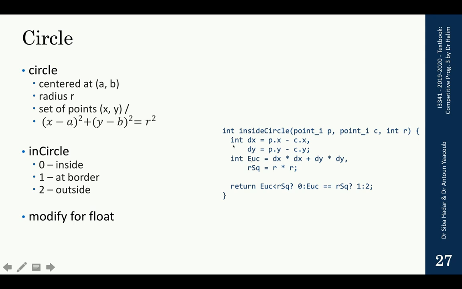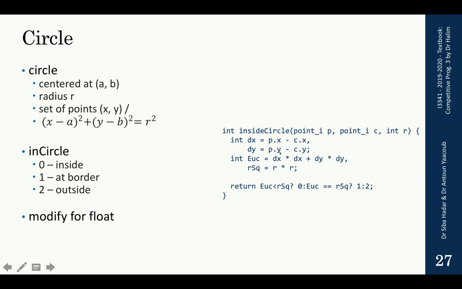Notice that we are using here the integer representation of points. What are we doing? We calculate dx, the difference between the abscissas, and dy, the difference between the ordinates of the point P and the center C. Then we calculate the distance, which is dx times dx plus dy times dy.